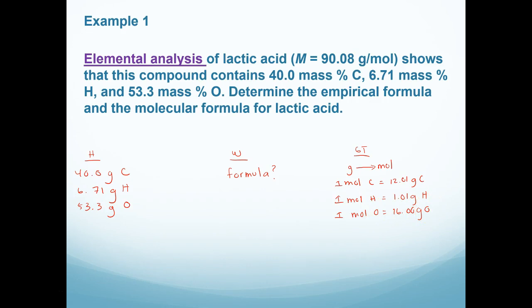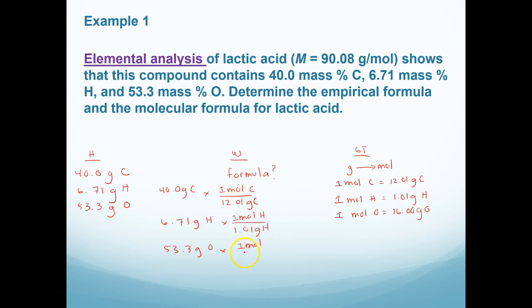Right? So the first thing we want to do is take those grams and go to moles. So let's do that for each of them. So let's set it up. And we want moles on top. So moles of carbon, 12.01 grams of carbon. We have 6.71 grams of hydrogen. For every 1 mole of hydrogen, we have 1.01 grams of hydrogen. And then for oxygen, we're going to do the same thing.